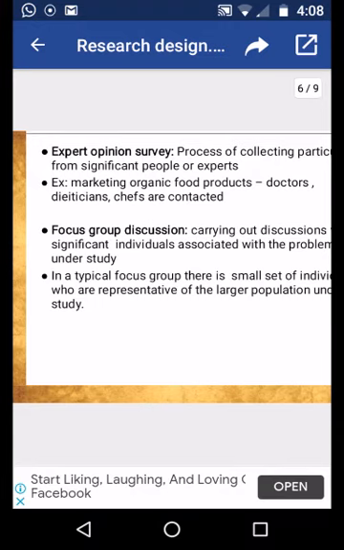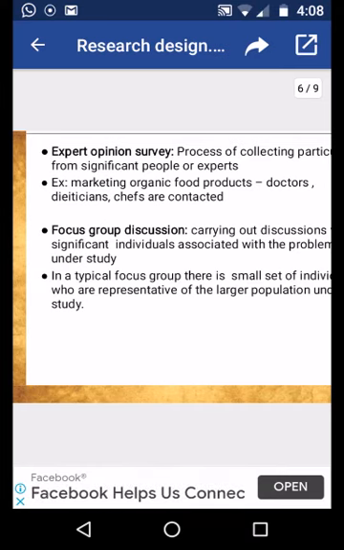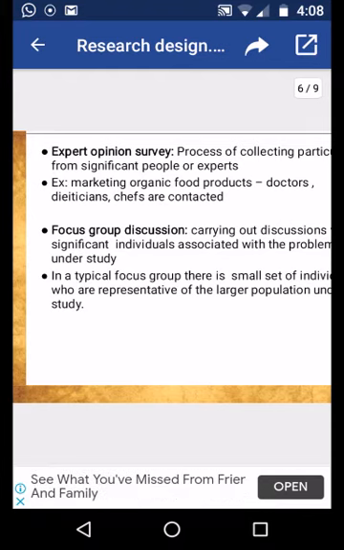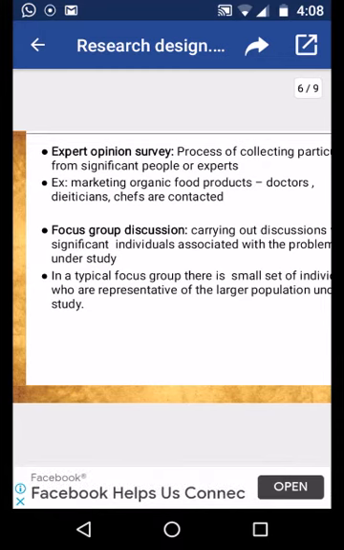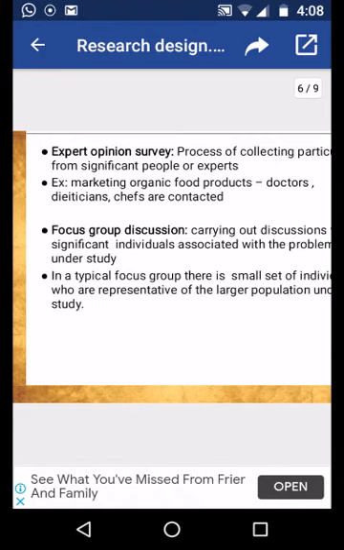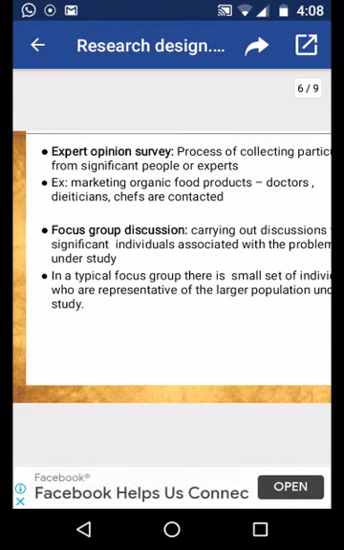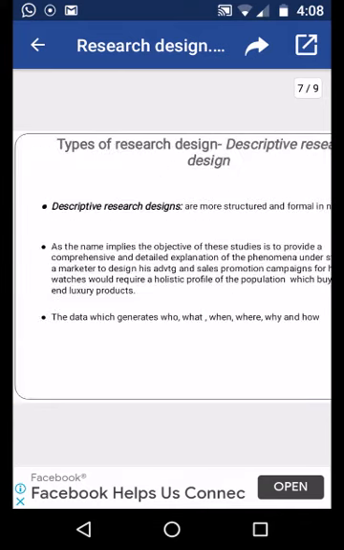For example, if one is doing research on medicine, then doctors become experts, some nurses may become experts, the related people may become experts. Focus group discussion is where you identify a group and get information from them in the form of discussion. Unlike your questionnaire, there is no set of questions here, just the discussion carries on and you make note of each and everything.